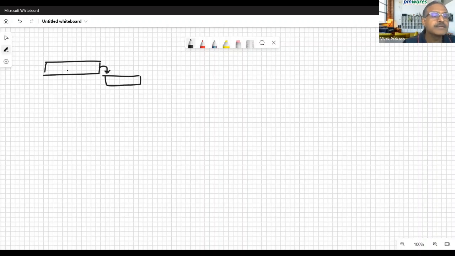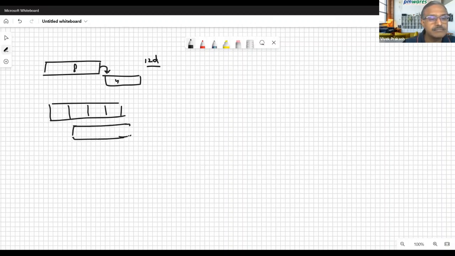Right? 8 days, 4 days, total 12 days. Now, it should be something like that. 1 wall, 2 wall, and 3rd wall. And I can start the thing here. So I can put start to start.